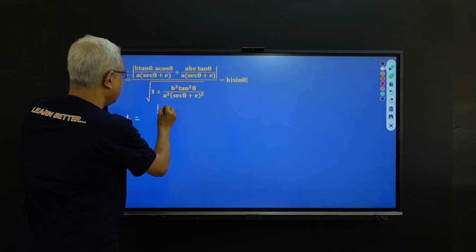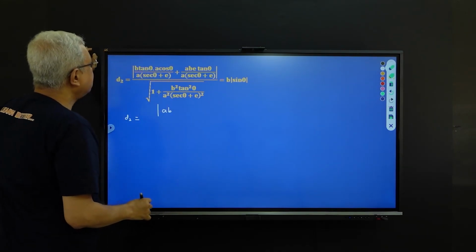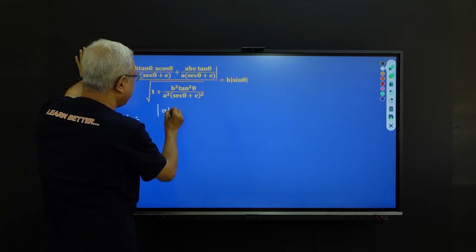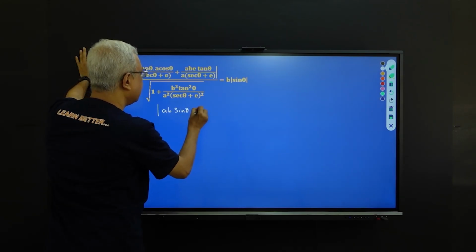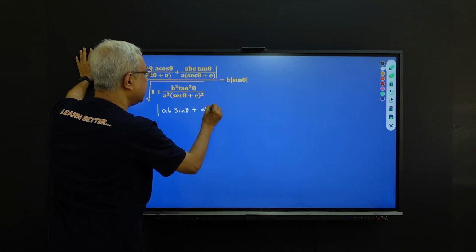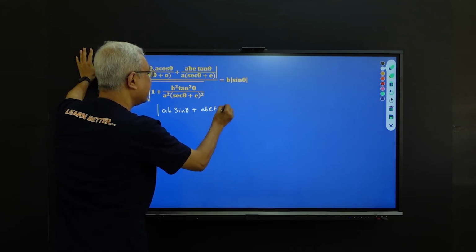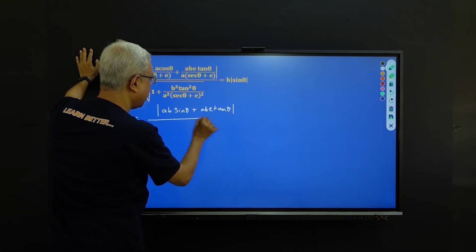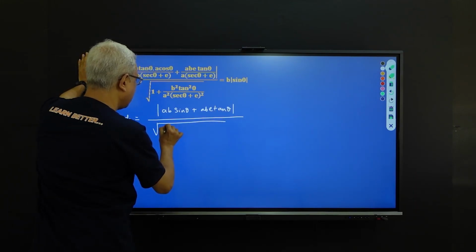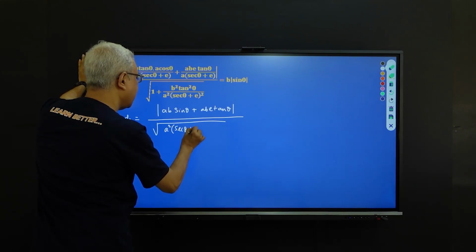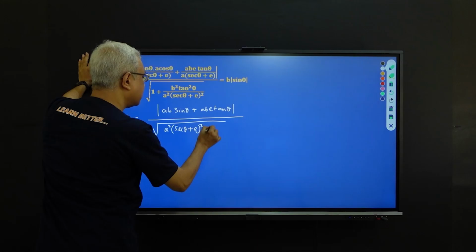Simple analysis: ab tan theta into cos theta is ab sin theta, mod ab sin theta plus abe tan theta, divided by, same approach, a square sec theta plus e whole square plus b square.